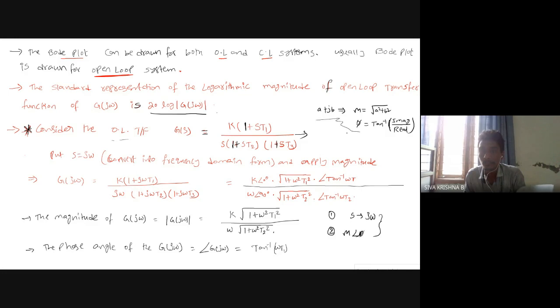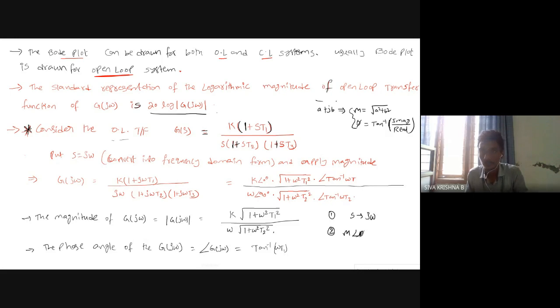You have to find both magnitude and phase for each and every term, that means each pole and zero. That is the second step.